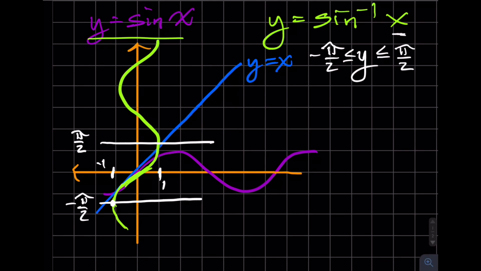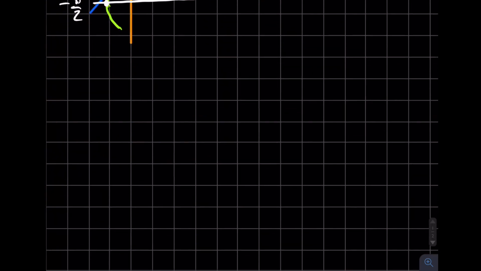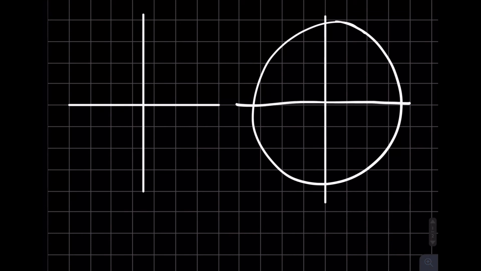Okay? What does that mean for us in practical use? So let's draw this over again down here. And let's draw the unit circle a little bit. I can make a decent circle, but not a decent line. Okay, that's not too bad because I'm using that software.